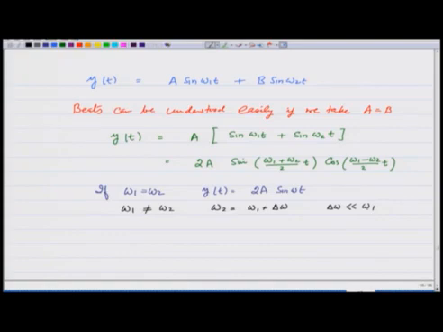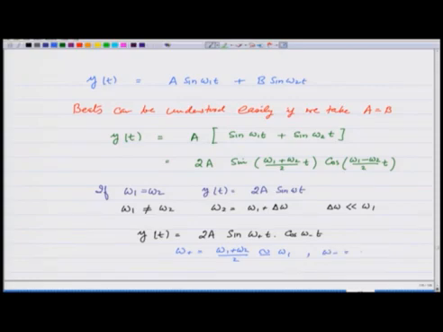Then I can approximately write my y t is equal to 2A sine of omega 1 plus omega 2 can still be taken as just omega, or if I want to be very precise, I will write this as sine omega plus t times cosine of omega minus t, where omega plus is omega 1 plus omega 2 over 2, which I can write approximately as omega 1, and omega minus is equal to omega 1 minus omega 2 magnitude.